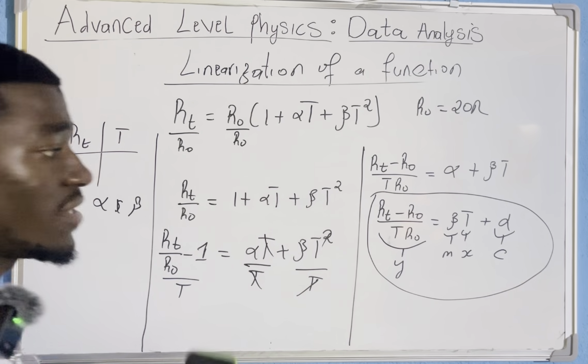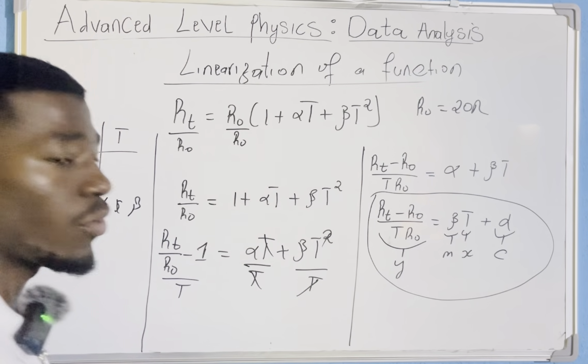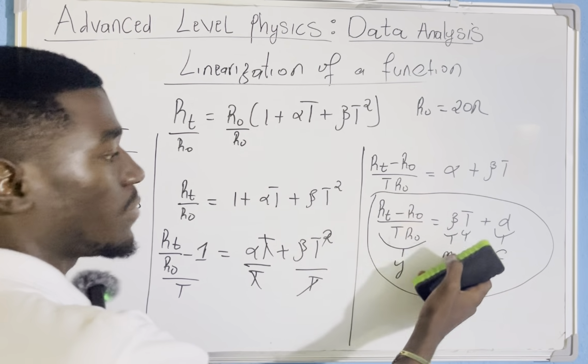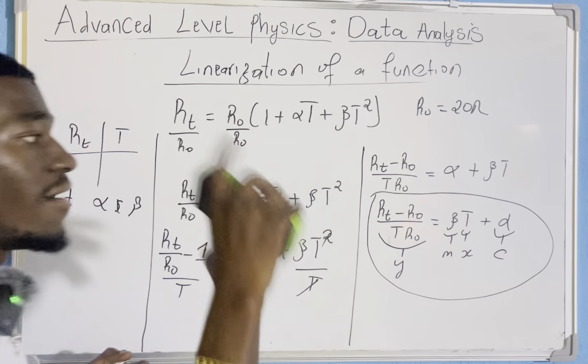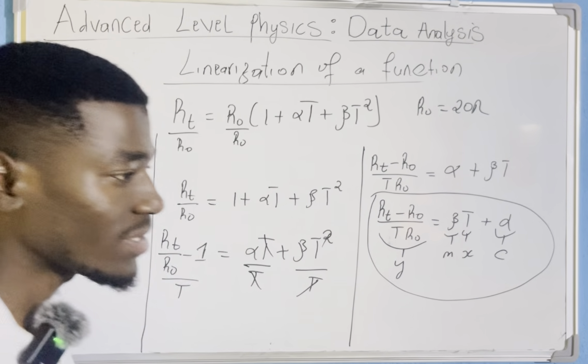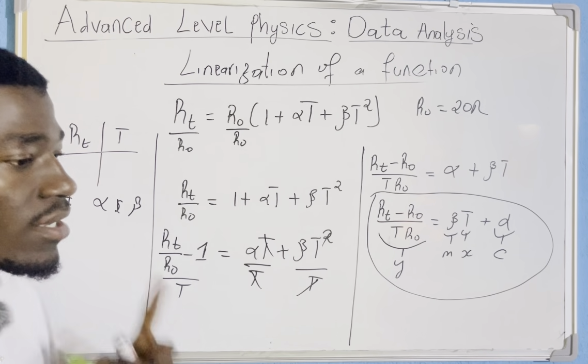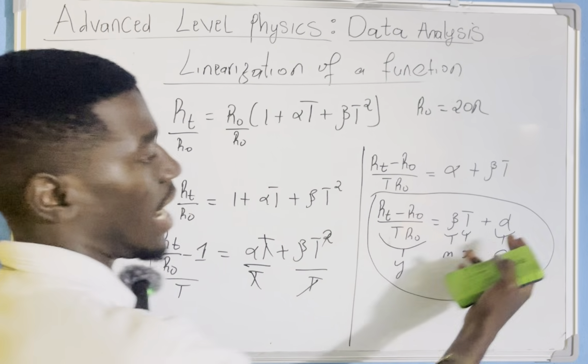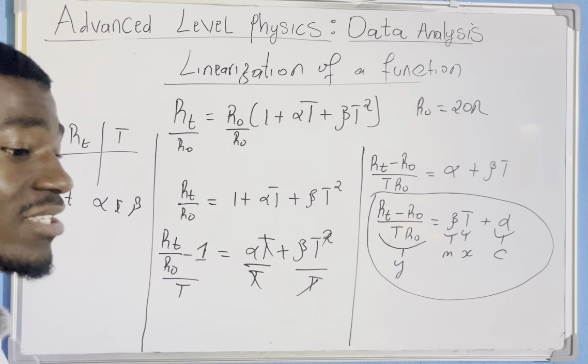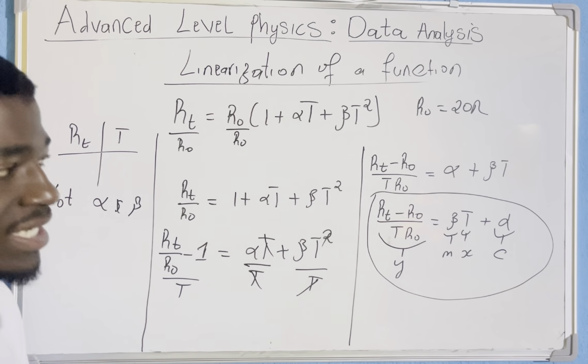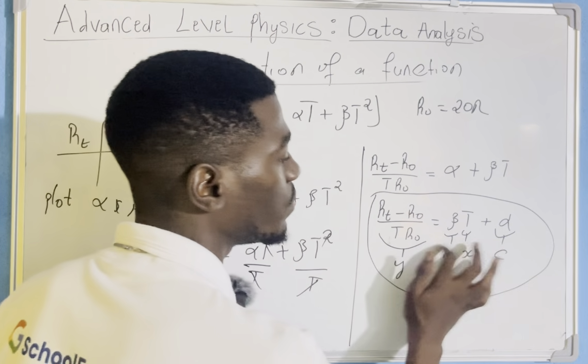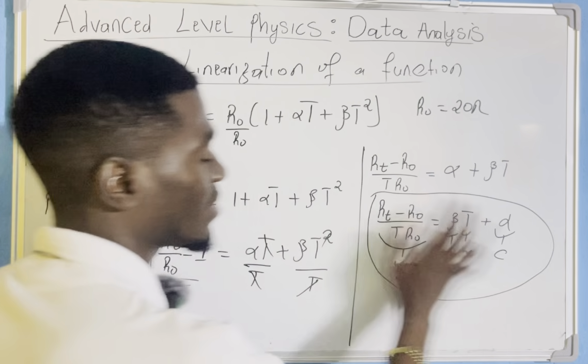As I said in the beginning of the question, the y should be made up of only variable and known constant. M, the gradient, should be made up of only known constant or known constant with unknown constant. And C should be made up of unknown constant, sometimes unknown constant plus known constant. It depends on you. But no variable should be found in M and C.